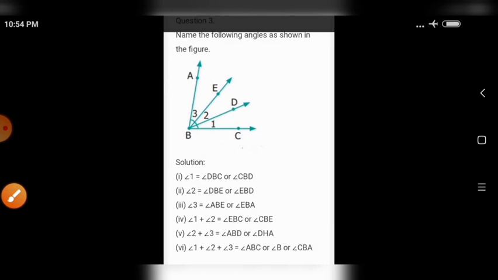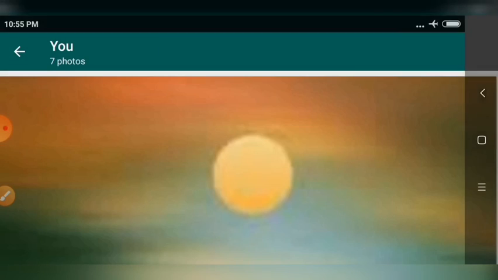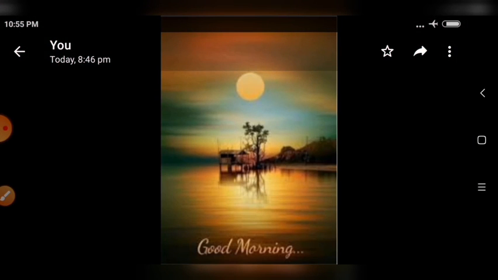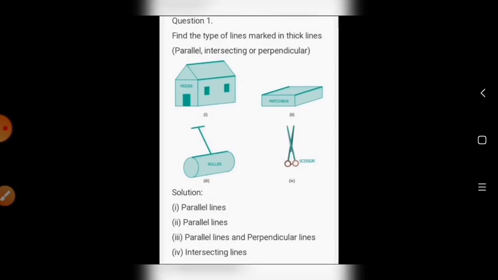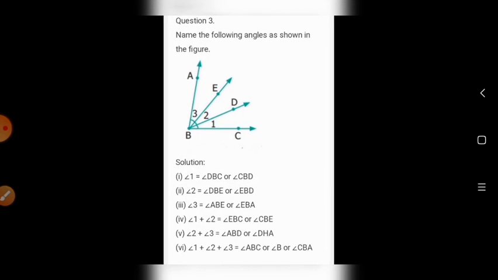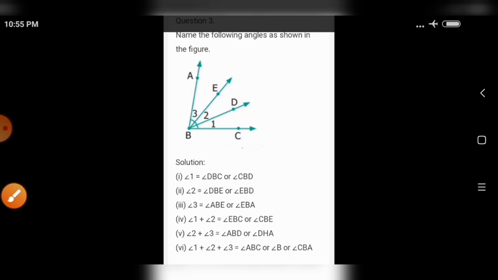Next sum, same sum, and then angle 1 plus angle 2 plus angle 3, that is ABC. Angle ABC: ABC or angle B or angle CBA.